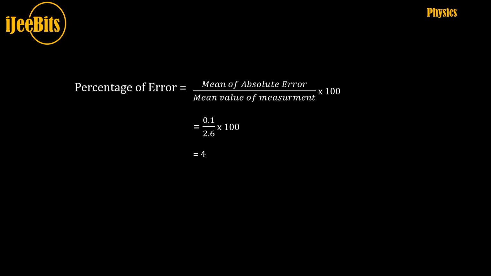We know that this is what is called the relative error: mean of absolute error divided by the mean value of measurements. The mean of absolute error we get is 0.11, and your mean value is 2.62. Roughly I'm taking 2.6. This is the relative error. Multiply by 100, and what we get is approximately 4, which is your percentage of error. Are you clear? Very good, guys.